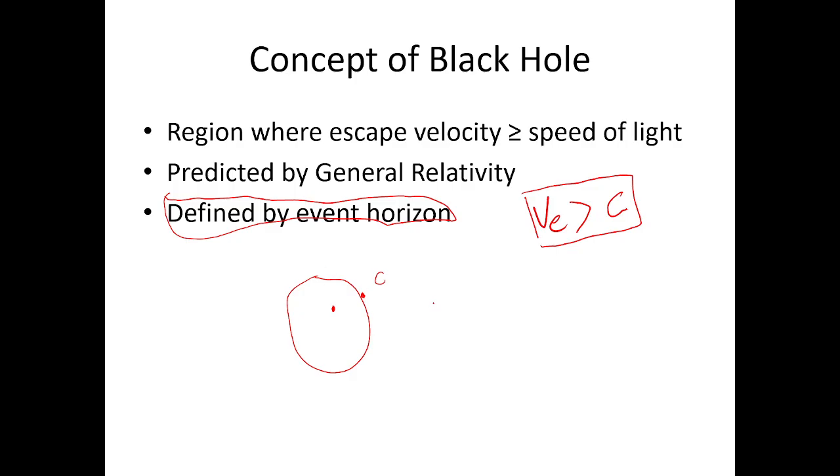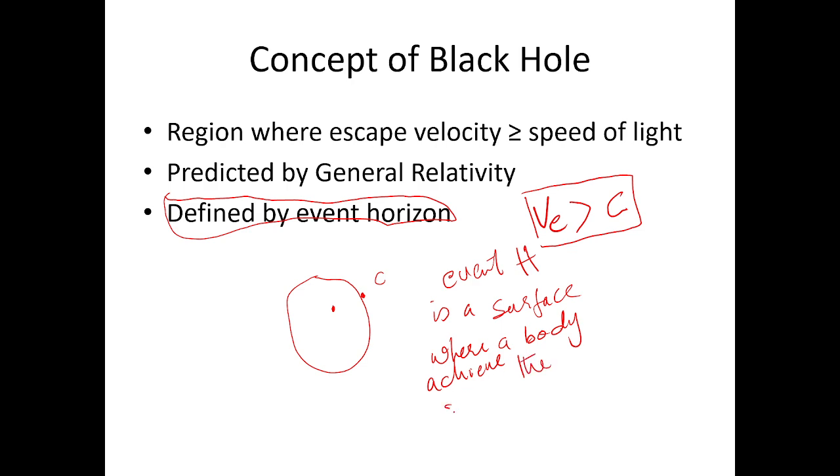So the event horizon is a surface where a body achieves the speed of light.